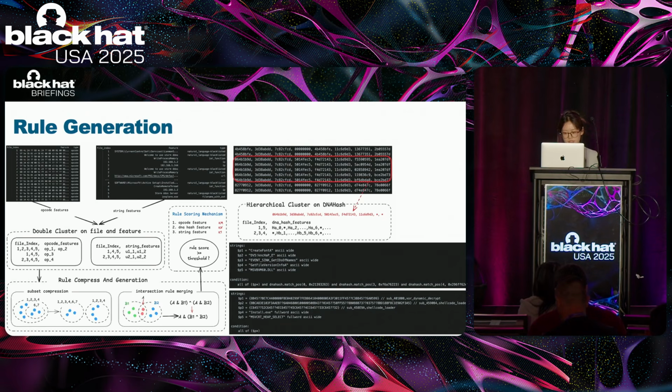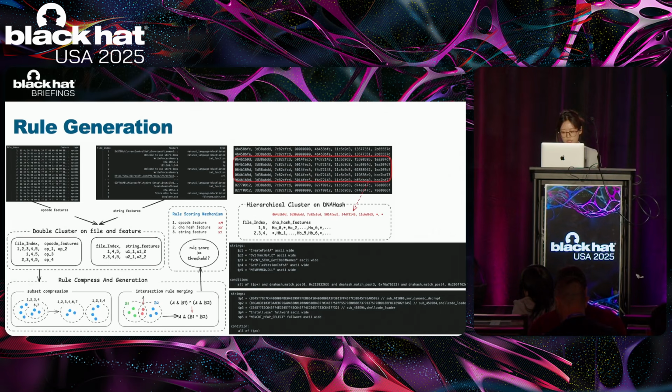Once the clustering is complete for all three feature types, we will combine the results with rule scoring mechanisms designed for each feature type and generate the YARA rules. In situations where there are strict requirements on rule count and file size, for example, in our business situations, rules need to be updated and deployed frequently.